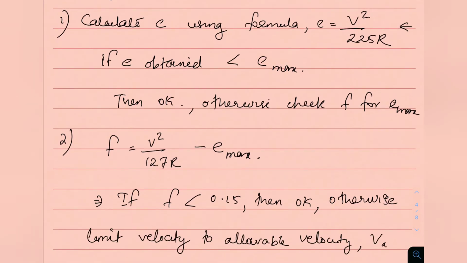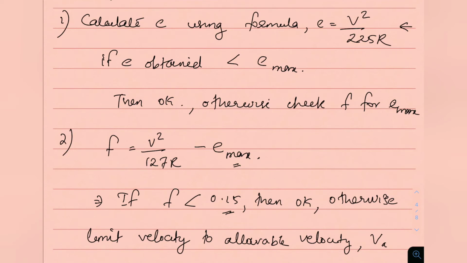So we are giving e maximum here and we are finding the value of f. If the f value we got is less than 0.15, which is the maximum limit, then it is okay. Otherwise, we have to limit the value to 0.15. If you limit the value of e and f to 0.07 and 0.15, then V square by 127 R.